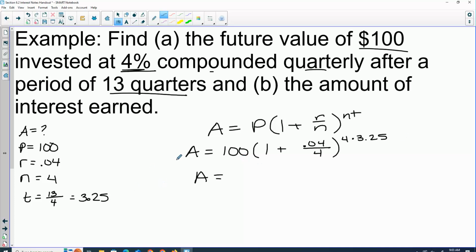So I am just typing in 100, parentheses, 1 plus 0.04 divided by 4, and my exponent is 4 times 3.25.